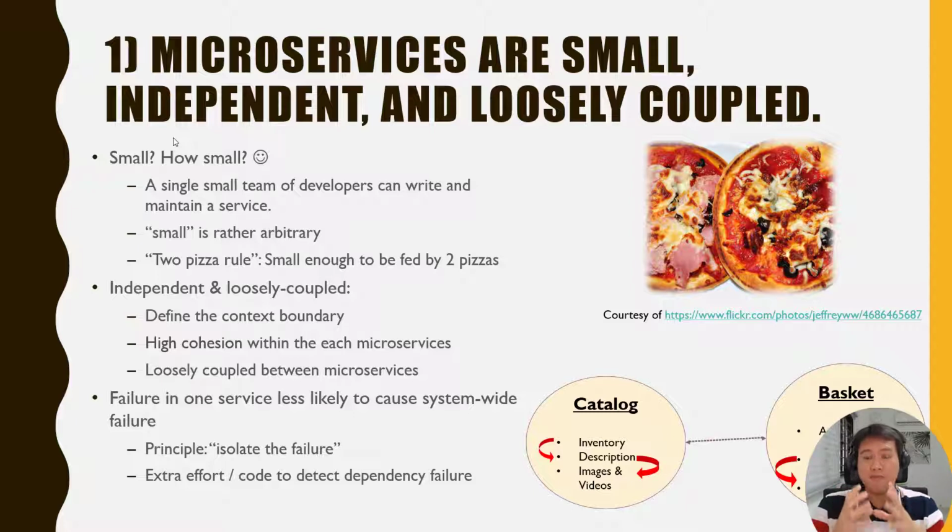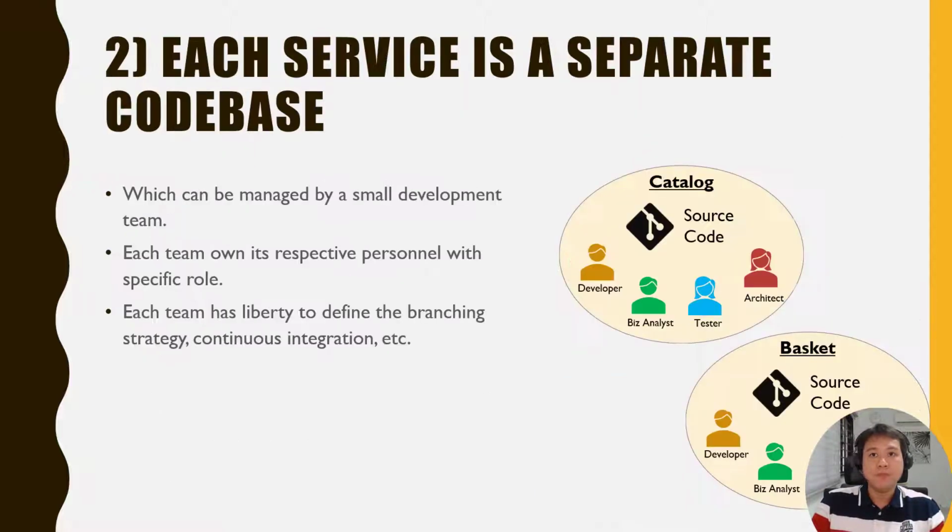So if the boundaries are appropriately defined, it is in fact easier to isolate failure within a microservice so that it is less likely to cause a system-wide failure as such.